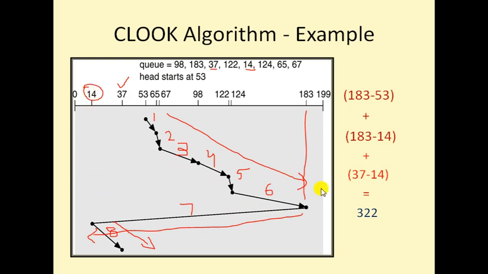But here, from the highest track number or the last request on one direction, it reverses and directly goes to the last request on the opposite direction. From here again it turns back and visits all the remaining requests. Okay, so this is about the CLOOK algorithm.